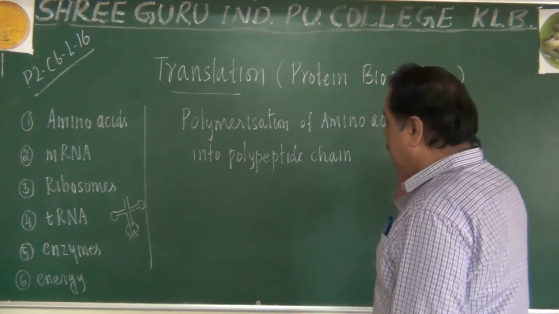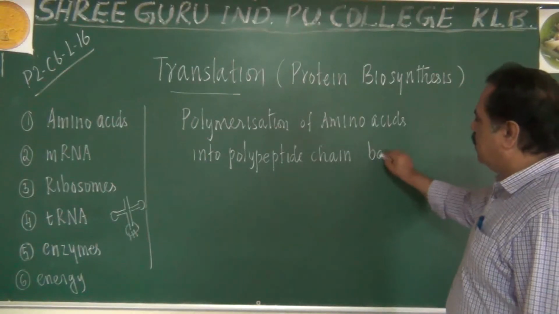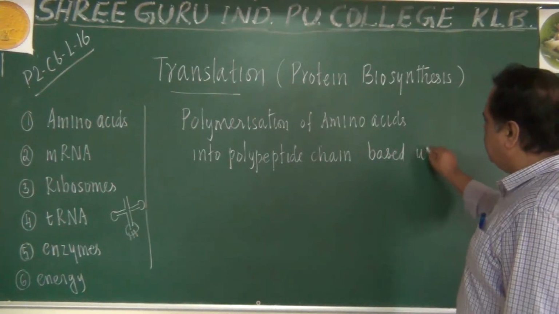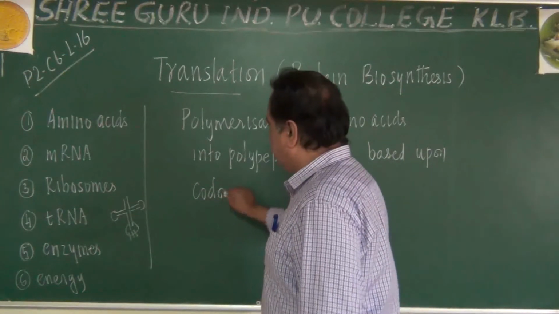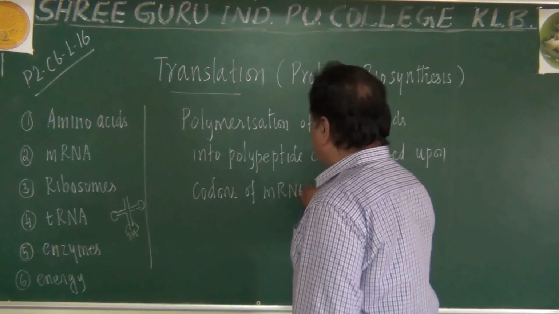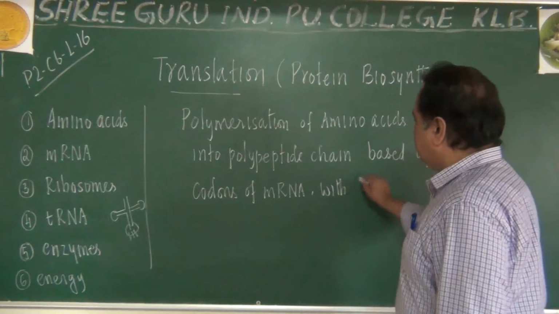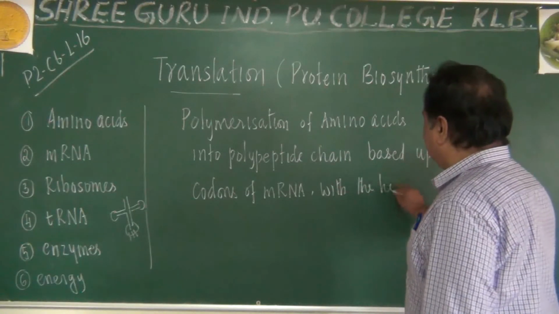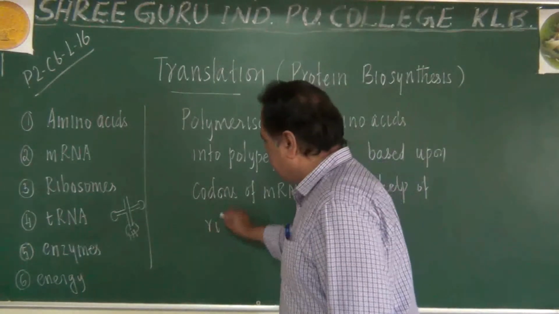How to polymerize the amino acids? On the basis of the codons present in mRNA, and with the help of ribosomes.